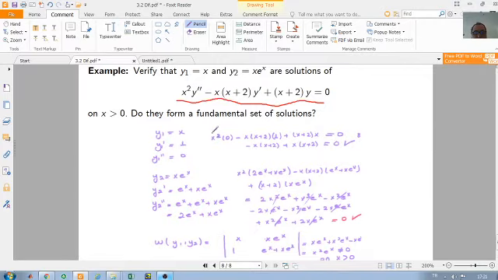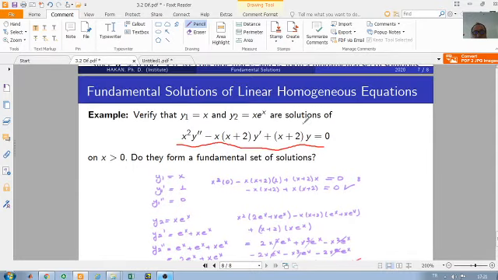Writing them into the equation, we obtain x squared times 0 minus the coefficient times the first derivative, which is equal to 1, x plus 2 times y1 is equal to x. And after the computation, the left hand side will be 0. Therefore y1 is a solution for this differential equation.